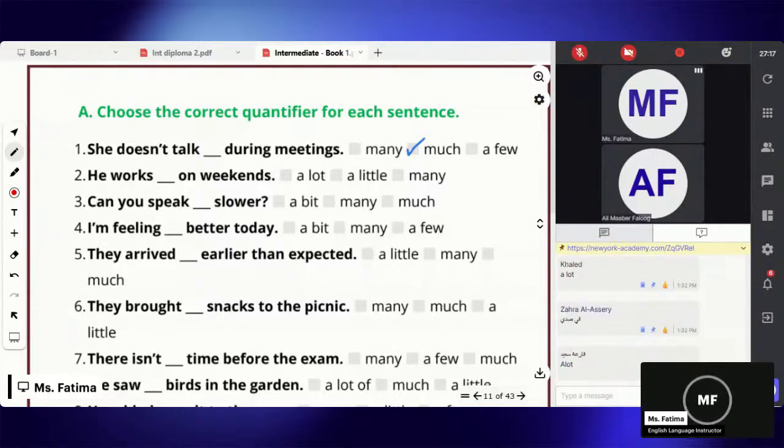Yes, excellent. This is great. So we say he works a lot on weekends. Do you have another option? Can I say he works a little on weekends?